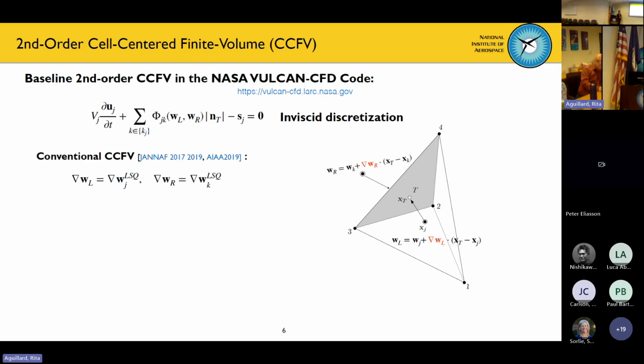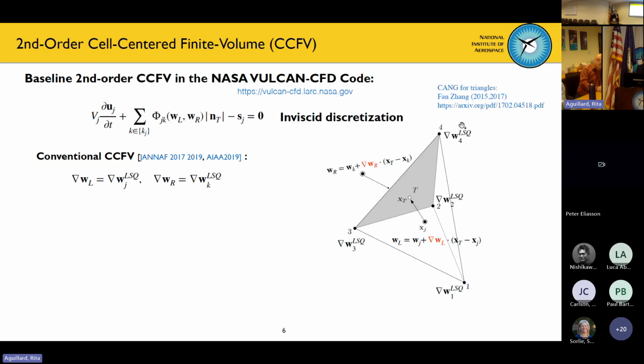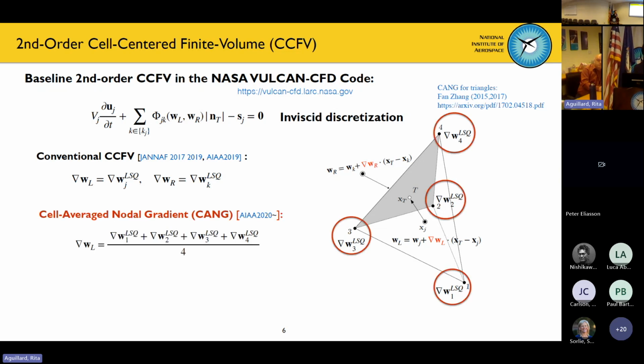Conventionally, you compute gradients by least squares using the values from nearby cells, and then do the linear reconstruction.